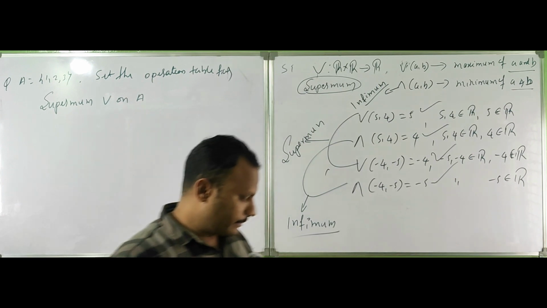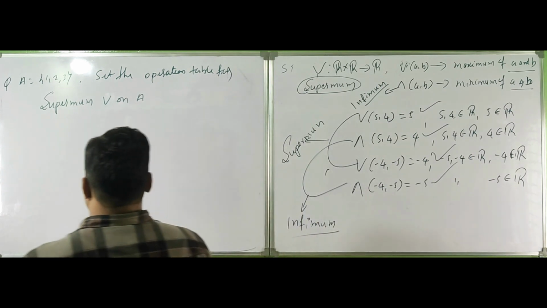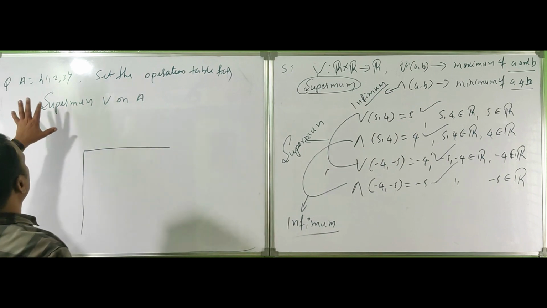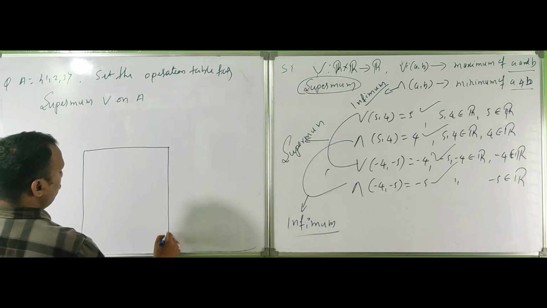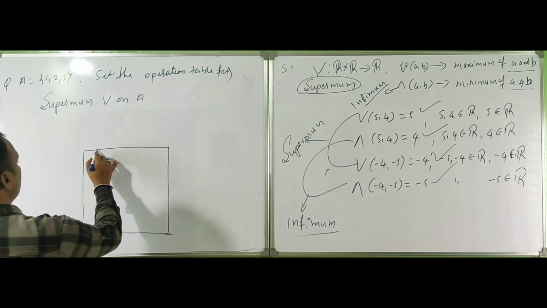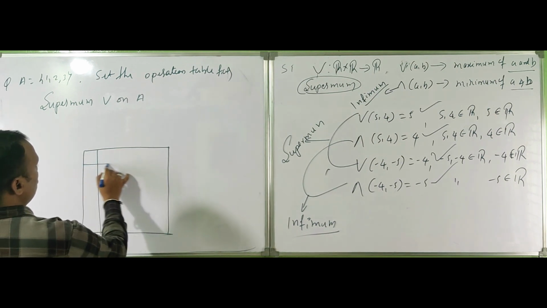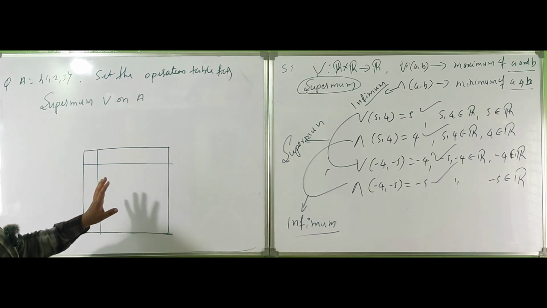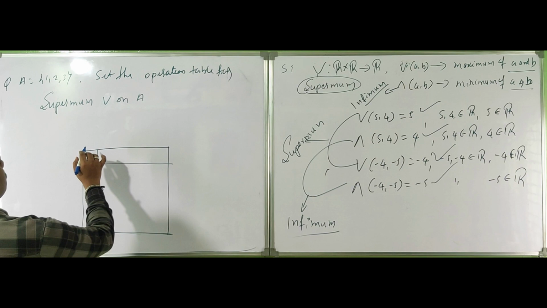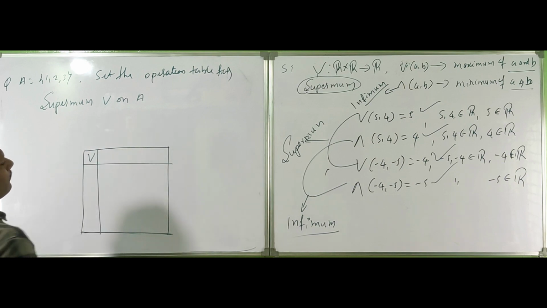Okay, A star B. How to write the operation table? How many elements are there? Three elements. You should take the star as a separate one, only for the operation. The operation here is the supremum operation.